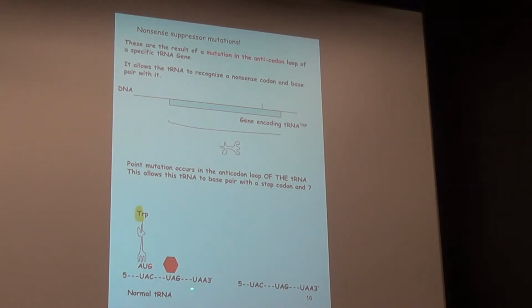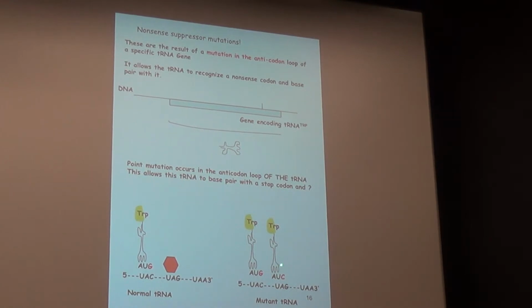The messenger RNA is still the same, UAC, UAG, UAA. Here is your tryptophan tRNA interacting the way it normally was, right here. But now you have a mutant tRNA. This mutant tRNA has acquired the ability to interact with this codon, UAG.